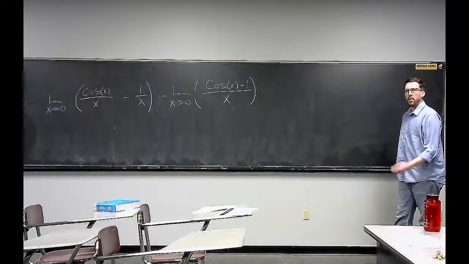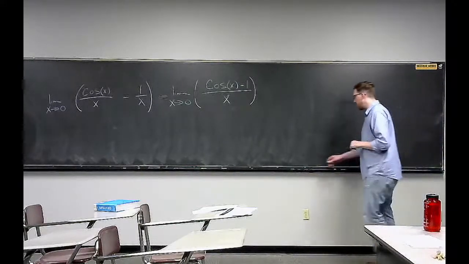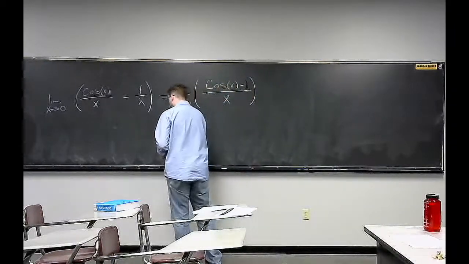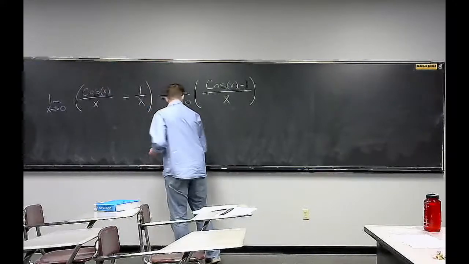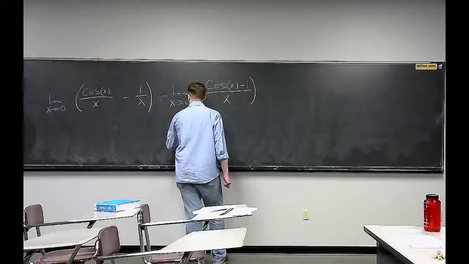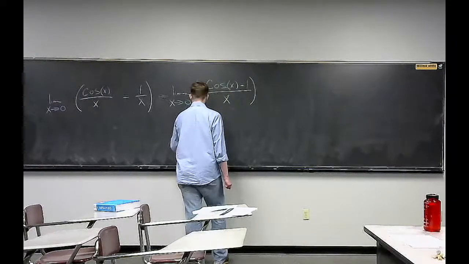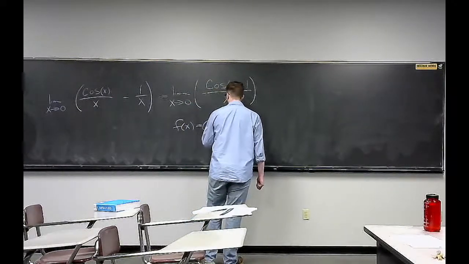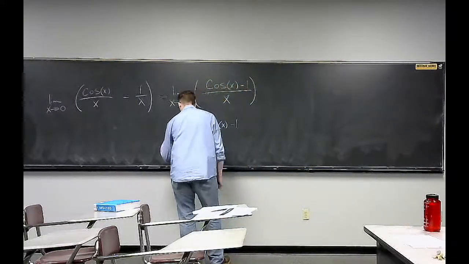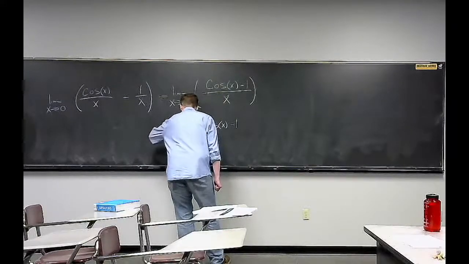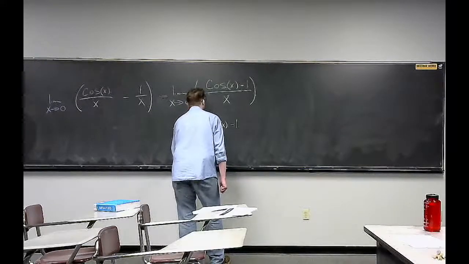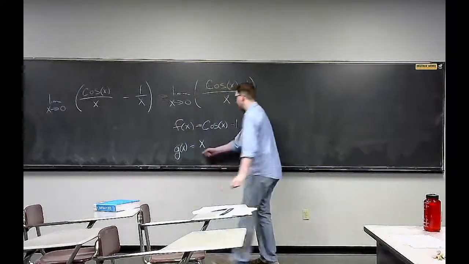All right, so how are we going to apply L'Hopital's? Well, first we need to identify what our f of x and our g of x is. I think that seems pretty obvious in this case. Let me find blue chalk, that's what I wanted. For f of x, let's set that equal to cosine of x minus 1, and for g of x, let's assign that to be equal to x.